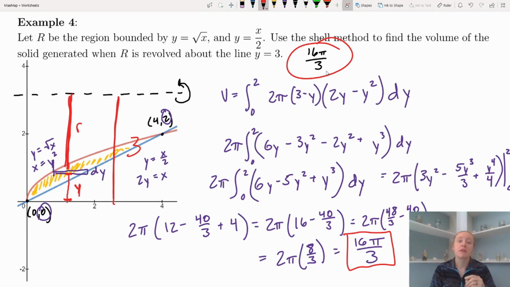So it's either going to be an x or y, or it's going to be x plus some constant, y plus some constant, or some constant minus x, or some constant minus y. Those are the different cases, and it all depends on where that line is in respect to where our function or where our region is bounded.